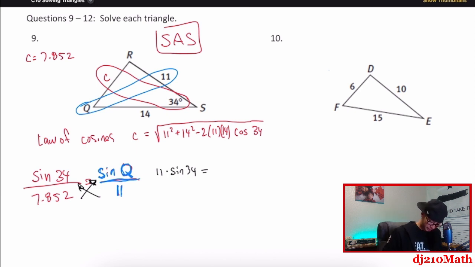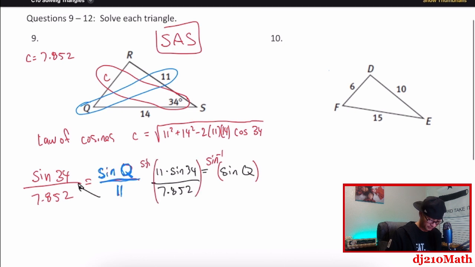So I'm not going to cross multiply right there. I'm going to leave that 7.852, and that's equal to sine q. If I were to multiply it across, I'd have to divide it back, so it's unnecessary. What is necessary is that I want to get q by itself, and I have to cross out the sine. The only way to do that is by taking sine inverse of both sides.